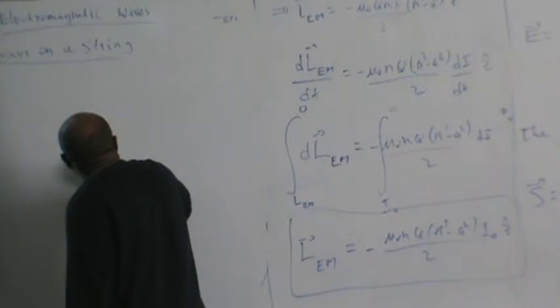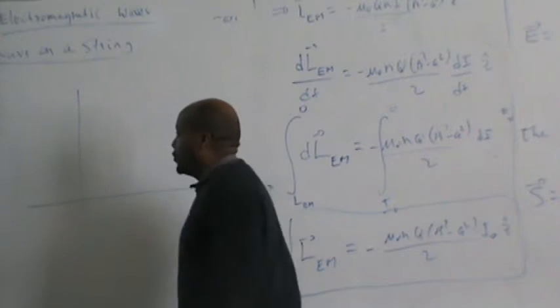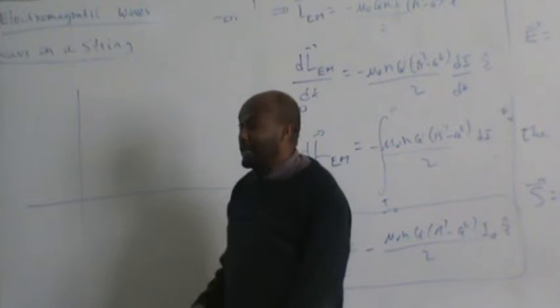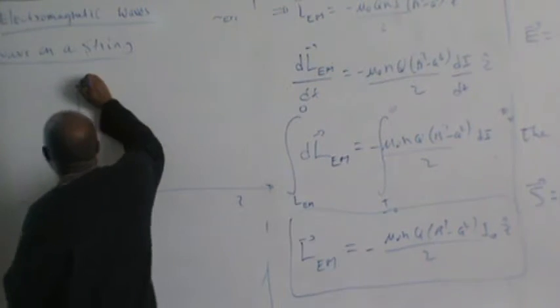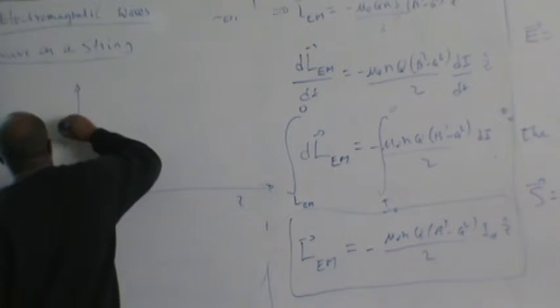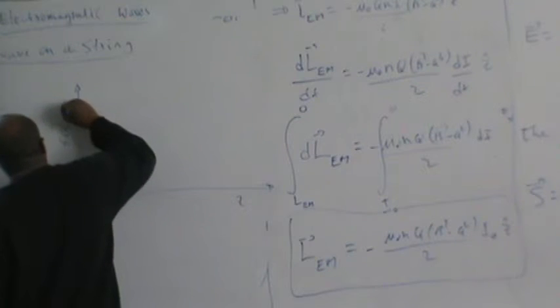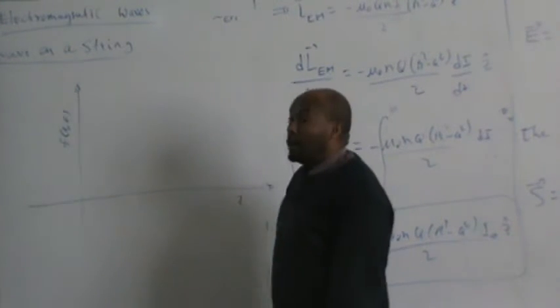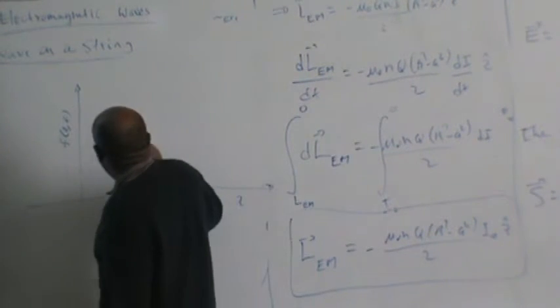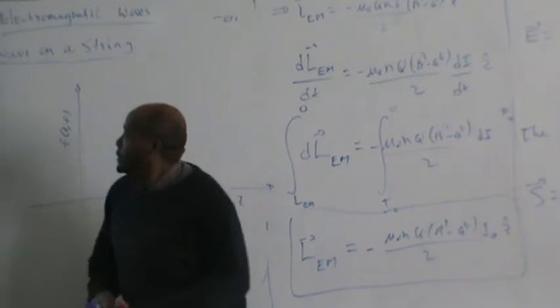If you consider the displacement of the string at different times, this is f of z, and it also depends on time t, at just the instant that I showed you here.